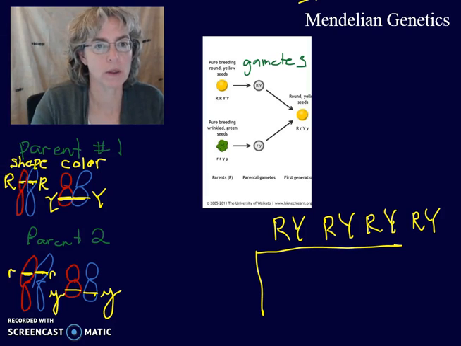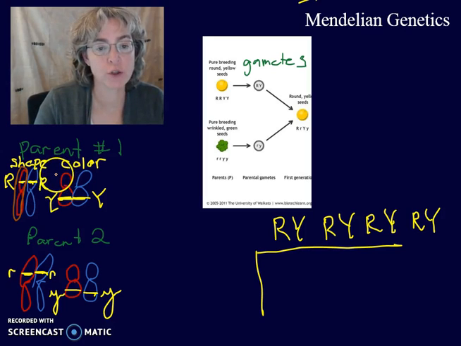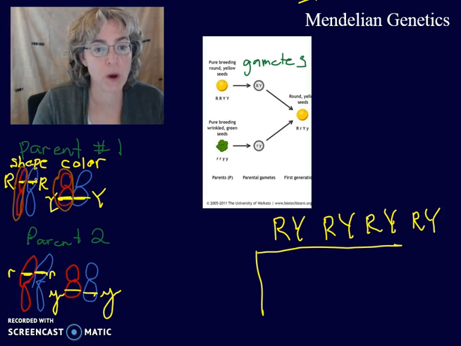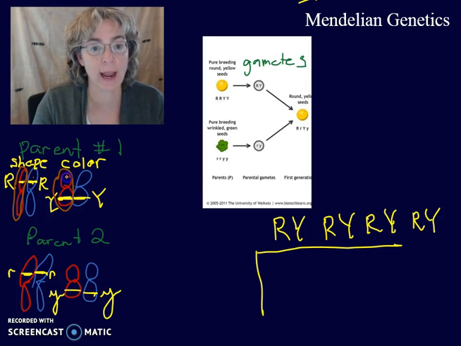So remember that this is going to be a gamete, but now we're going to have 2 chromosomes in there. So it's got to be together. This one and this one could both go into one gamete. Or this chromosome and this chromosome could go into one gamete.